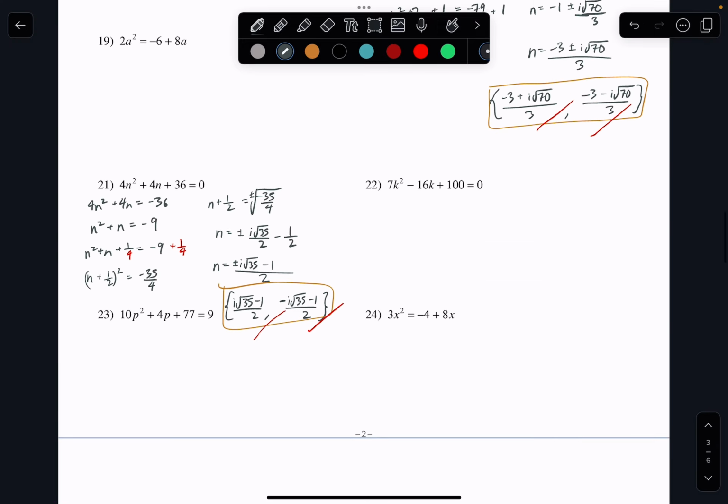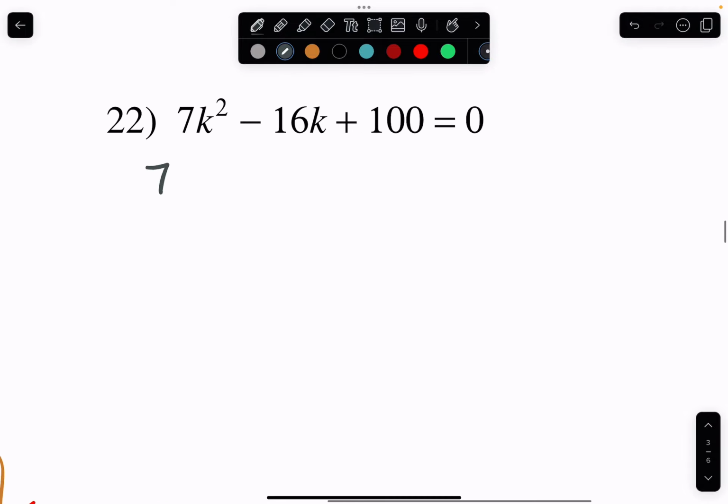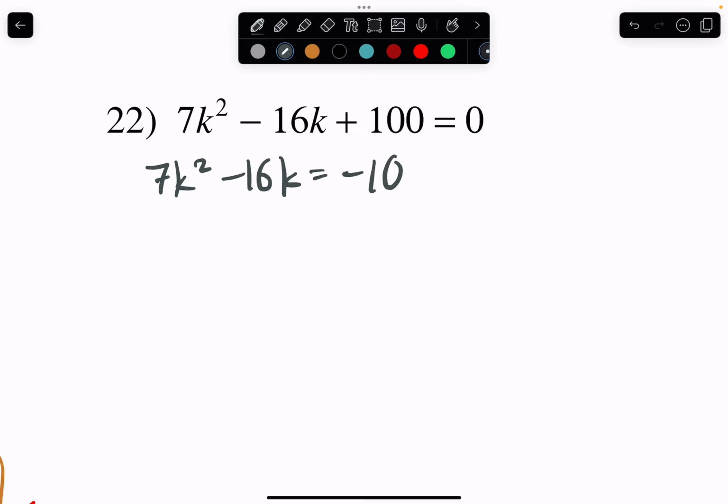You know what? Let's answer all 4 questions. The last 4 questions. I believe these are the most challenging ones. Okay, you can't divide anything. So divide, well, you can simplify the coefficients. There's no common factor.